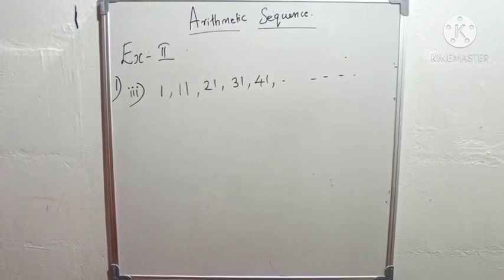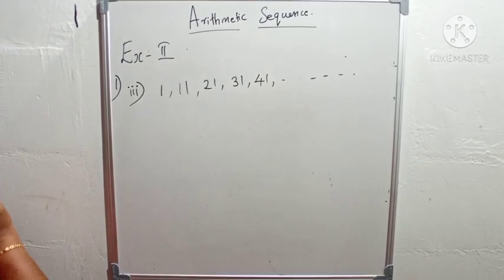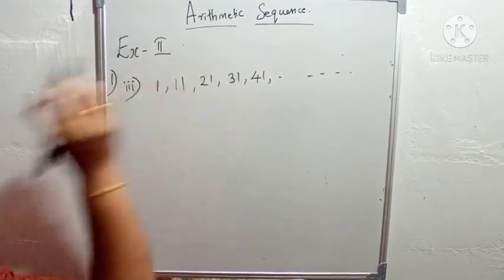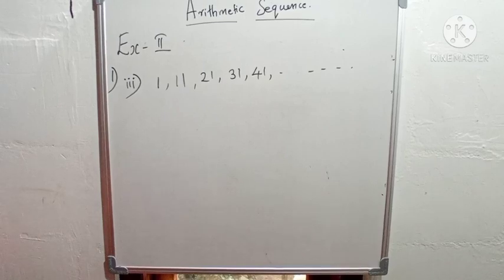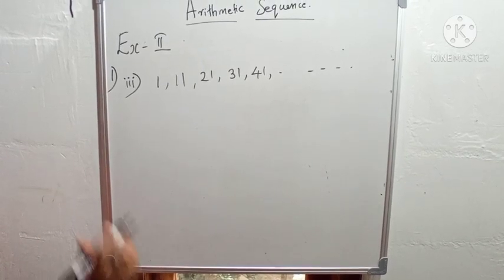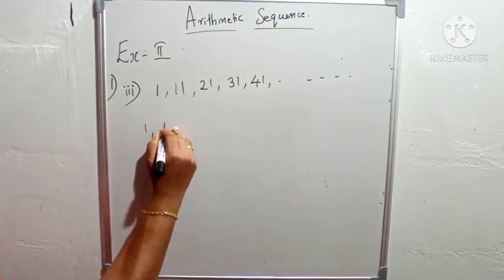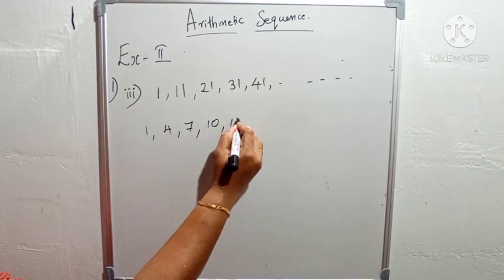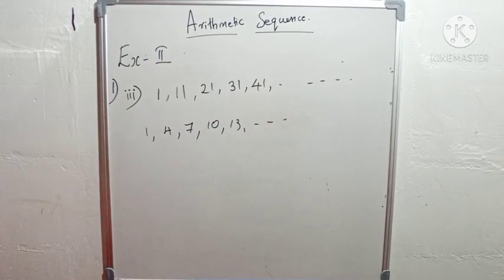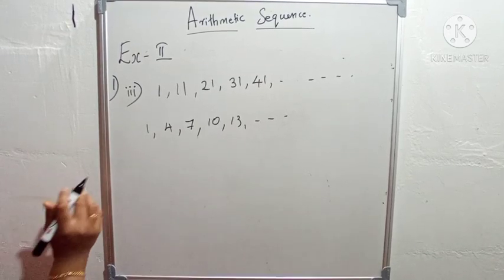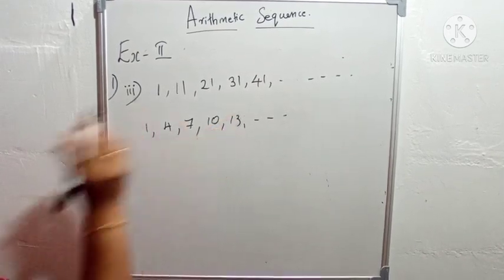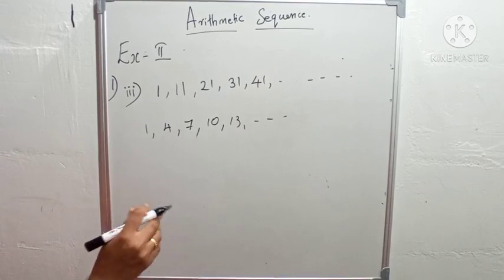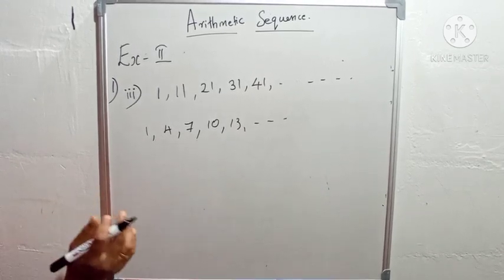How do we find this? See, can we connect these terms with any other number? From the last problem, 1, 4, 7, 10, 13, etc. From this question, we just connect each term of this sequence with the multiples of 3.